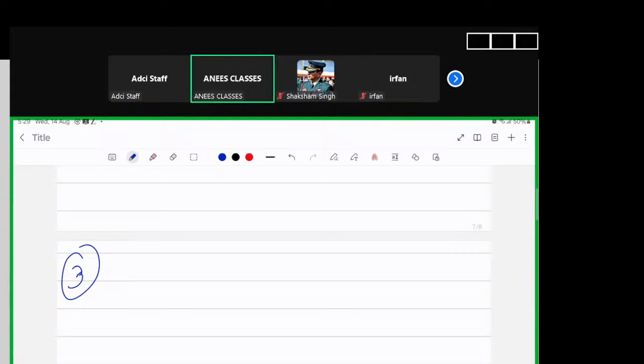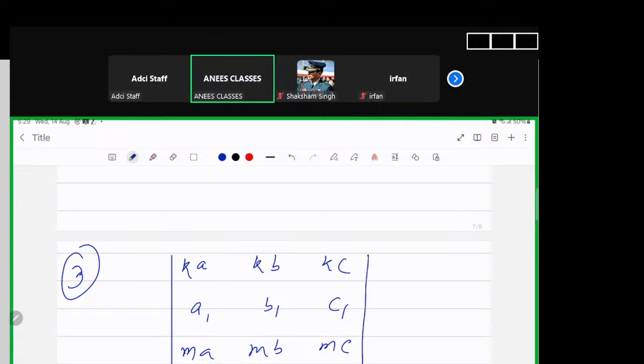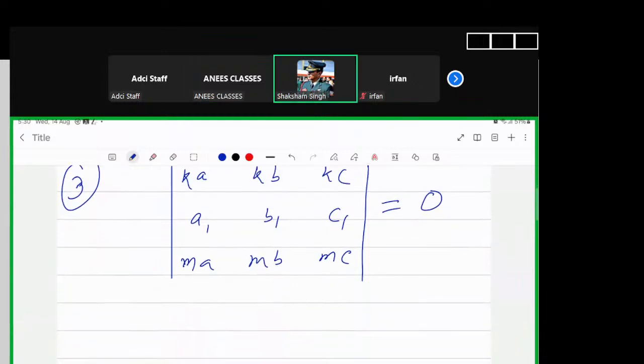So here, suppose K, KB, KC, A1, B1, C1, MA, MB, MC, then the value of the determinant will be 0. Saksham? Yes, sir. Understood. 0.